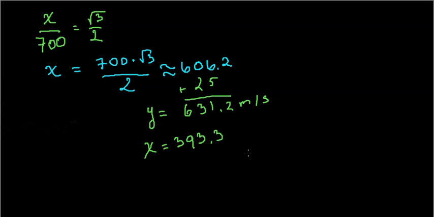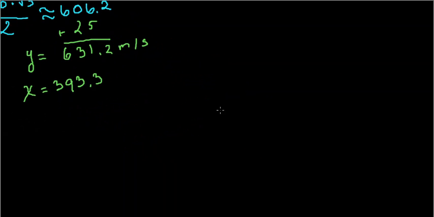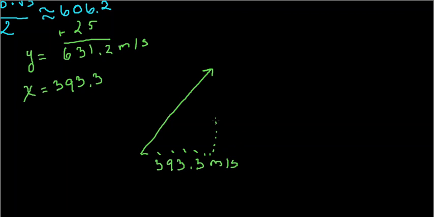I'm sorry. So let's rewrite this. If we were to have a giant graph and we know that the x is going to be 393.3 meters per second and the vertical is going to be 631.2 meters per second, how would we find the hypotenuse?